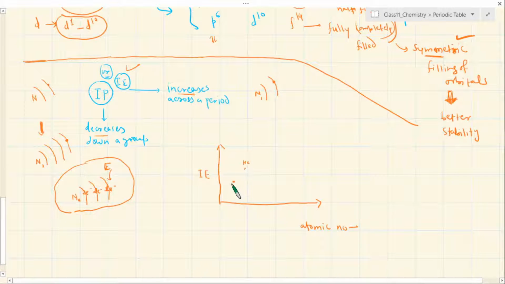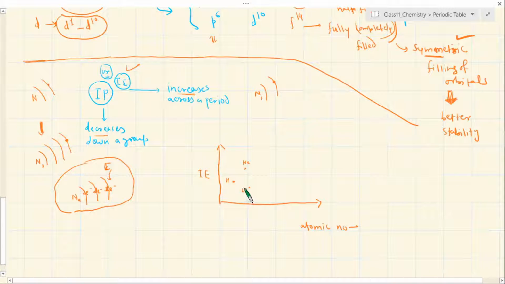Helium, this is hydrogen. Then the next element in the line is lithium, and as I said, across a period it is decreasing. So from hydrogen to lithium, it will be down, a lower value, and the atomic number is increasing in this direction. So I should show it a little bit shifted here.